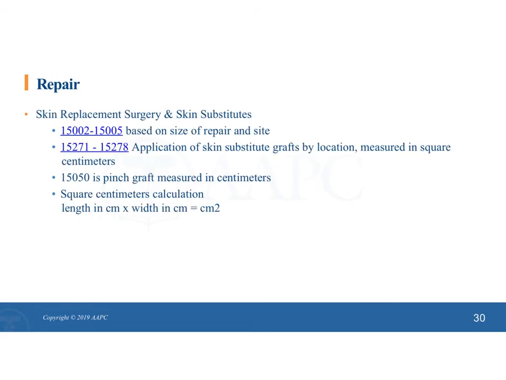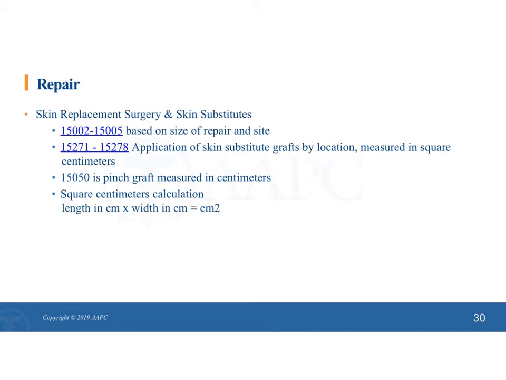The subheading of skin replacement surgery and skin substitutes is in the code range 15002 to 15278. These codes report site preparation using a variety of grafting materials and repair methods using skin or skin substitutes.